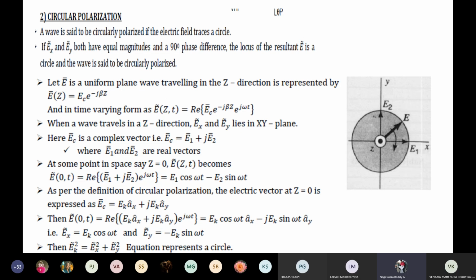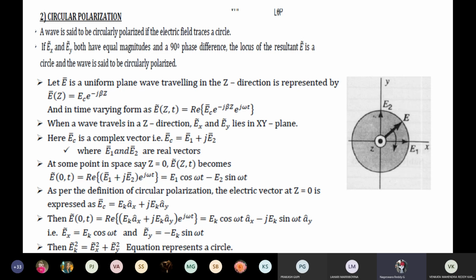Ex is equal to Ek cos omega t and Ey is equal to minus Ek sin omega t, that is Ek square is equal to Ex square plus Ey square. That is the equation of the circle. So what is the equation of the circle? x square plus y square is equal to r square. Same like that, Ex square plus Ey square is equal to Ek square.